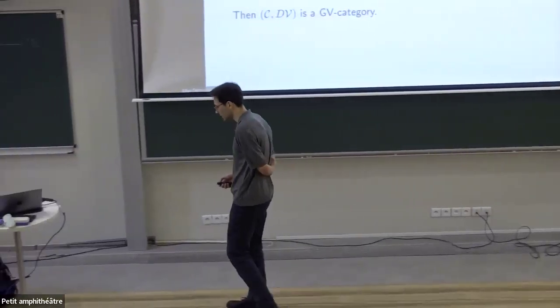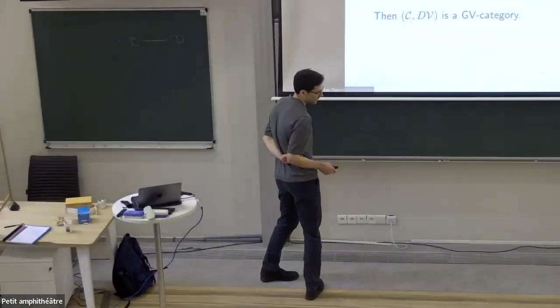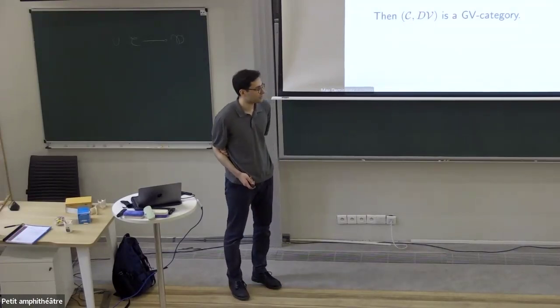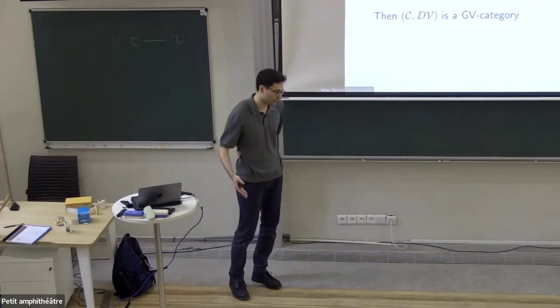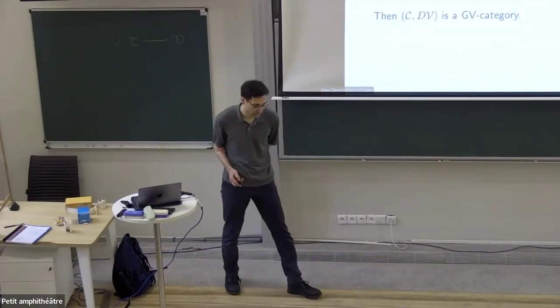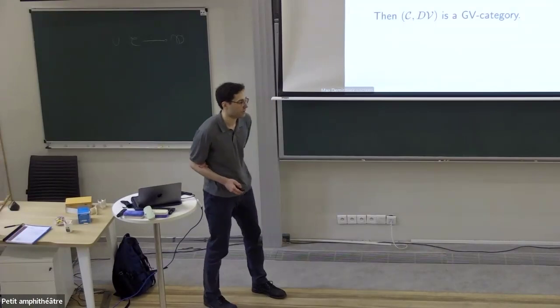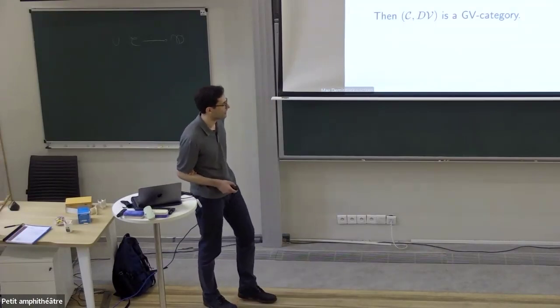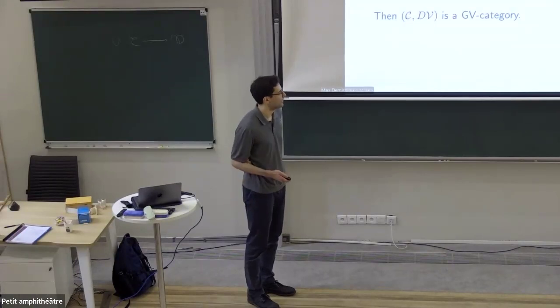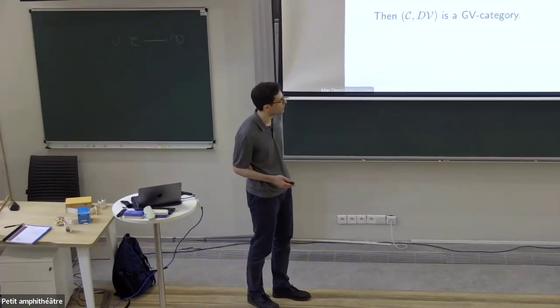One thing you might think about is, how do we produce examples of good rigid monoidal categories? You can look at a Hopf algebra in a braided rigid monoidal category, and then look at its category of modules or representations, and this gives you other rigid monoidal categories.